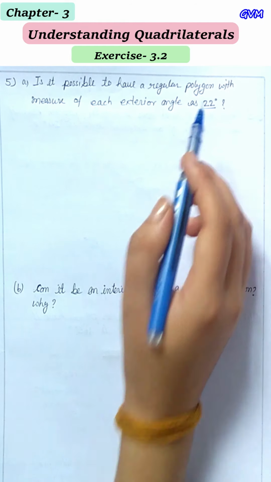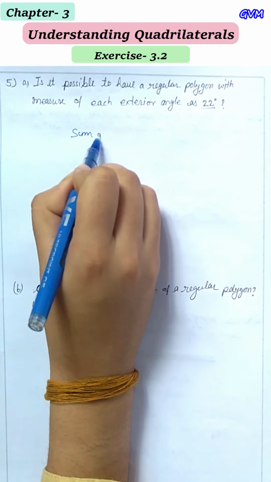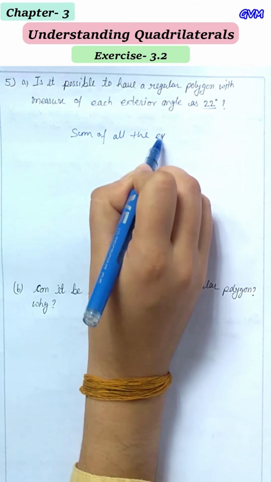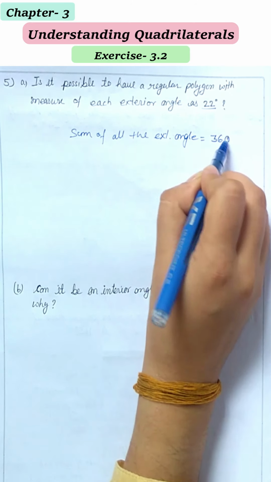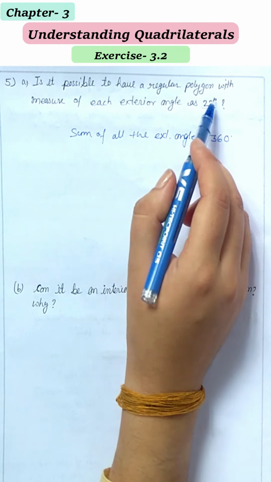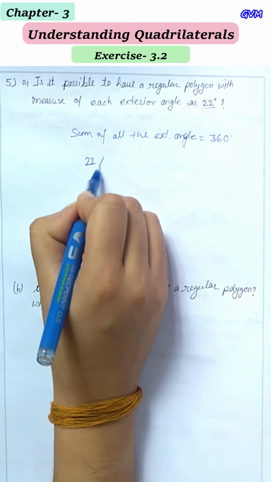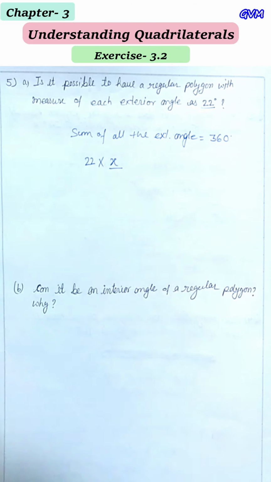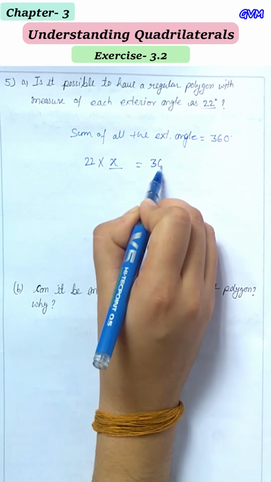So that means the sum of all the exterior angles is equal to 360. 22 is the measure of each angle, so we have to multiply 22 by the total number of angles, that is x, and this is 360.